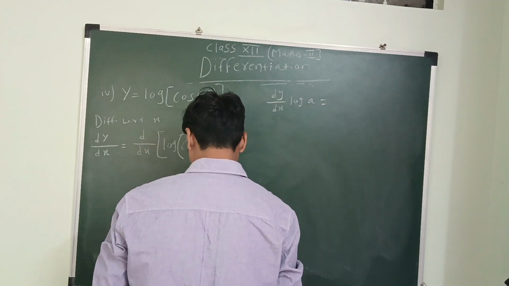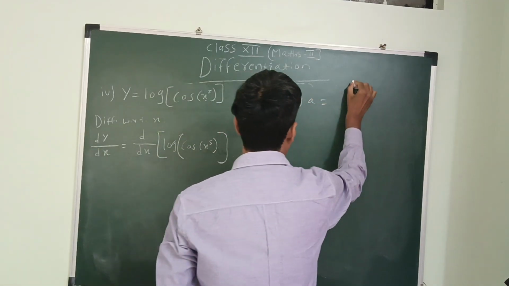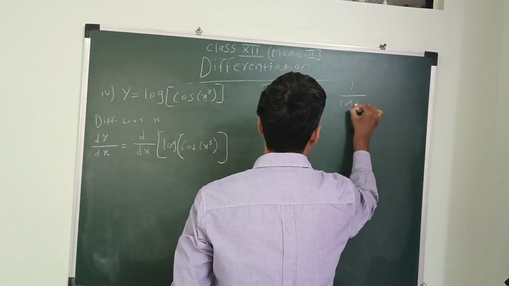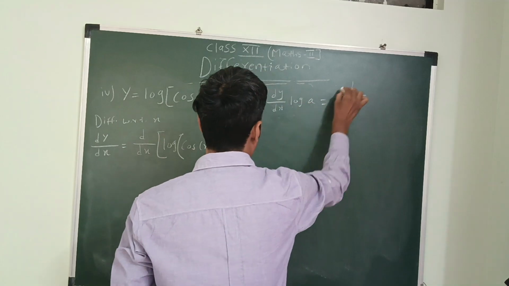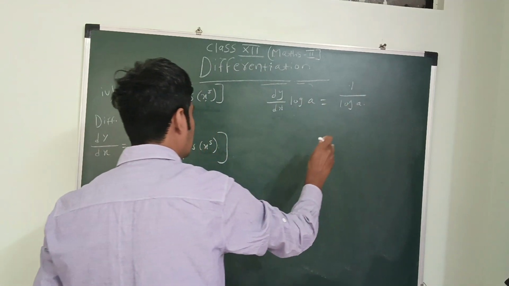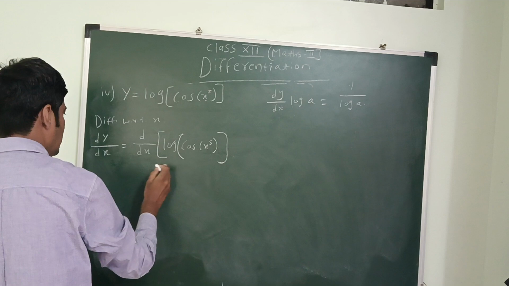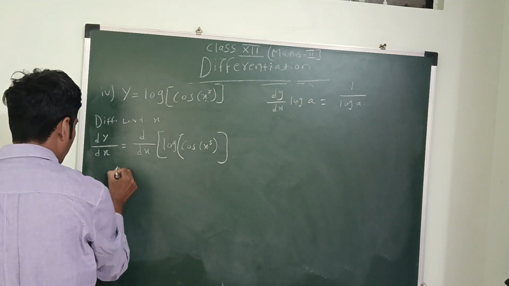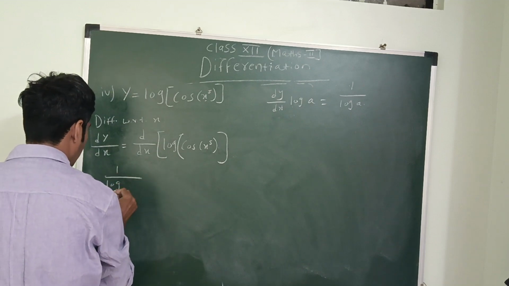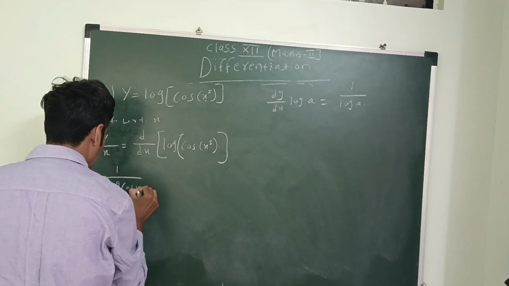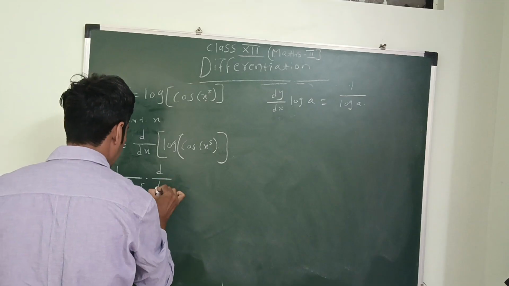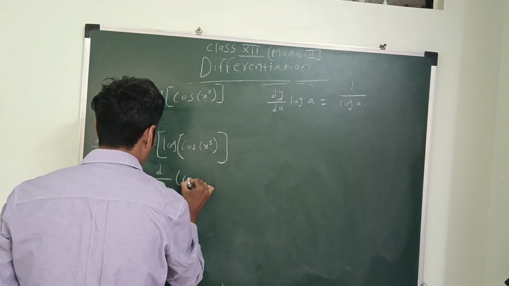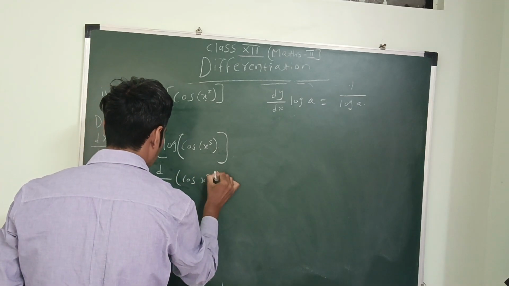It is 1 upon a. So we have to write in this form, which is equal to 1 upon log cos x raised to 5 multiplied by d by dx of cos x raised to 5.